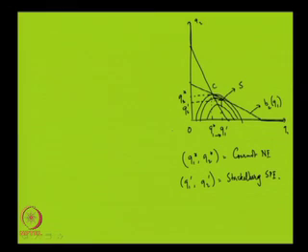So, these are some of the conclusions that we can draw from this exercise: in the Stackelberg equilibrium firm 1's profit goes up and its output goes up, whereas firm 2's profit and output both go down.